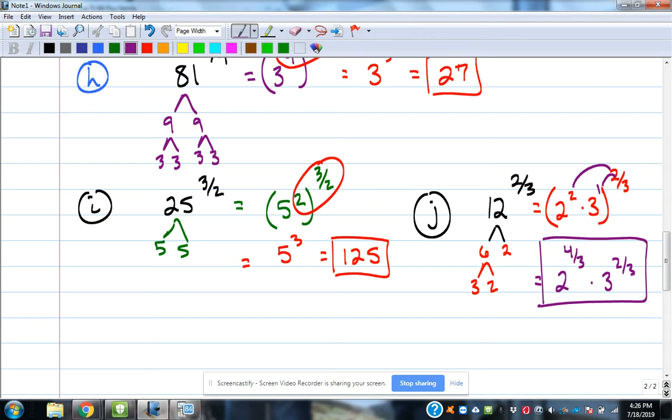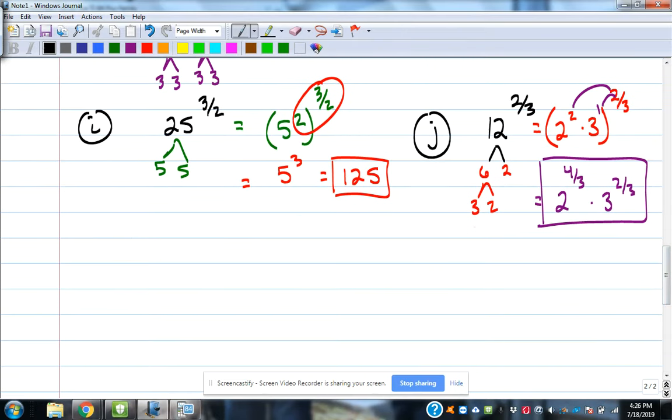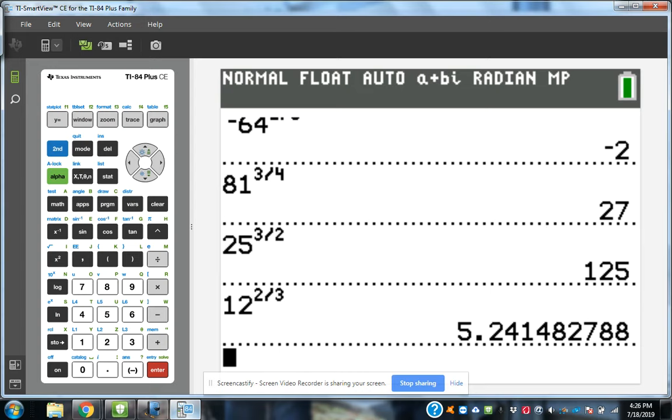When it's not a pretty number with a particular base or exponent that we have, let's try this one and see what happens with it. Maybe 216 to the negative 2/3. 216 is a unique number.